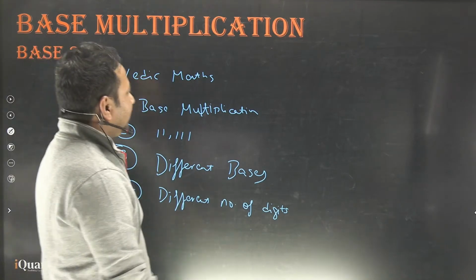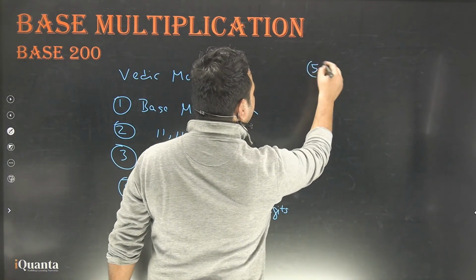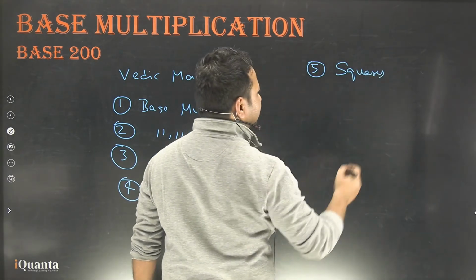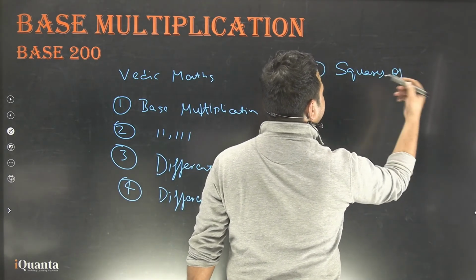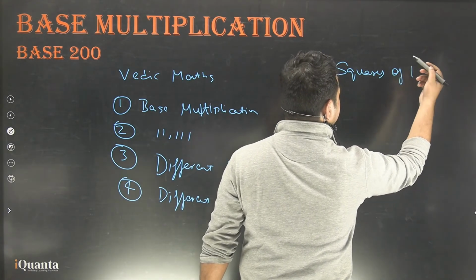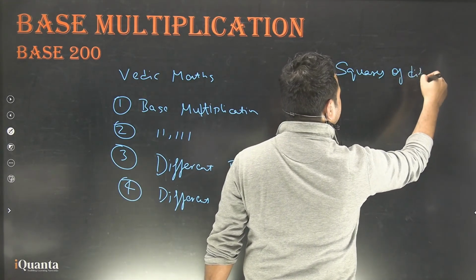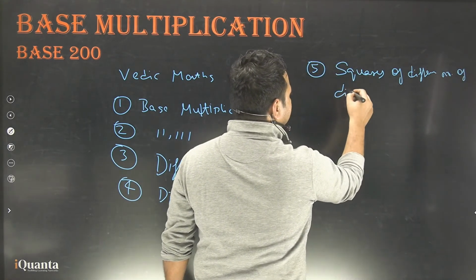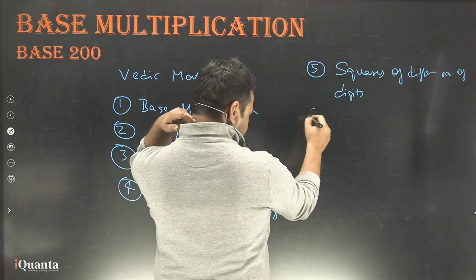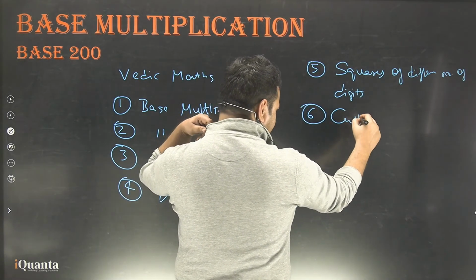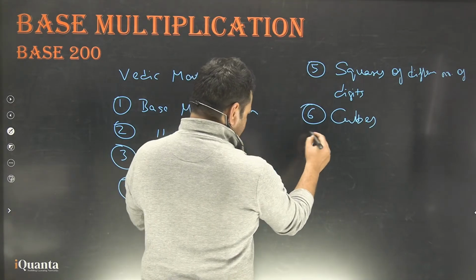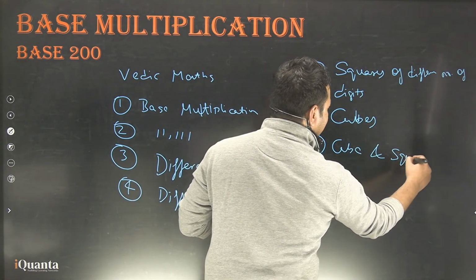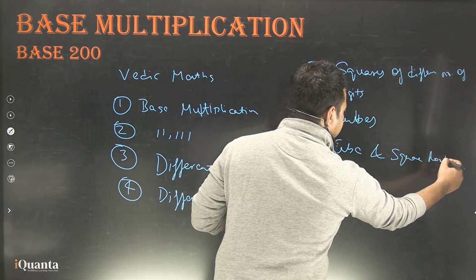Then coming to fifth, we'll be doing squares of different numbers, 2 digit, 3 digit, different numbers of digits. Just note down that this is the sequence we'll be going through. Then we'll be learning how to calculate cubes. Then we'll learn to calculate cube roots and square roots.